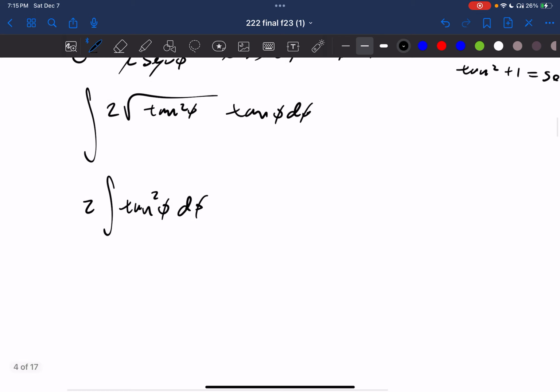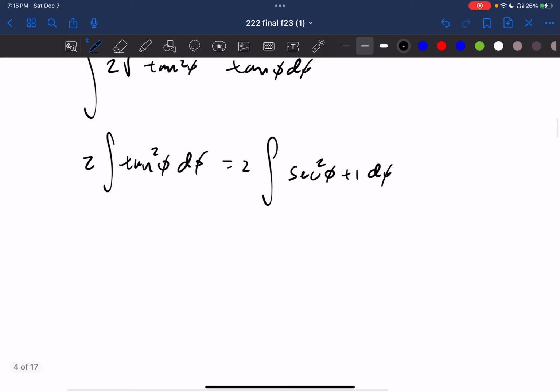And earlier we said that tangent squared theta is equal to secant squared theta minus 1 d theta, which will be pretty easy to integrate because the integral of secant squared is going to be tangent theta, minus the integral of 1, which is going to be theta.